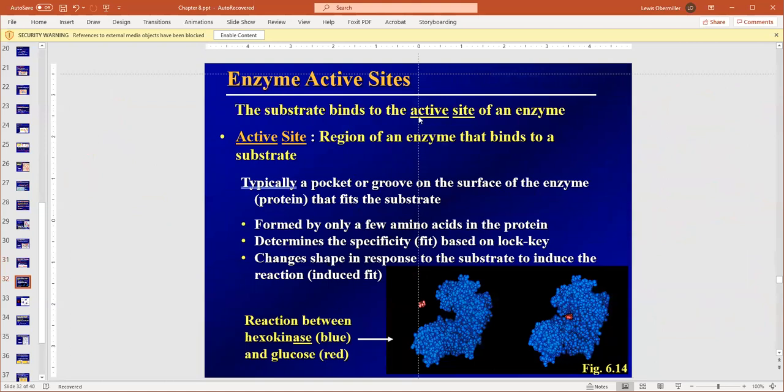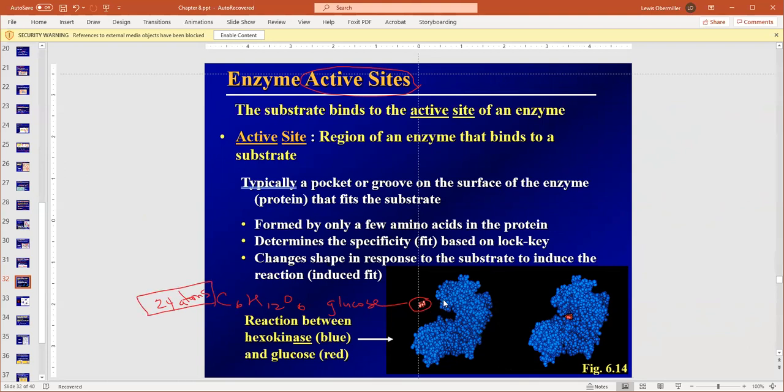So the area where the reaction occurs: enzymes are big. This molecule here is glucose. Glucose is C6H12O6. It's not a small molecule by any means. It's made up of 24 atoms, so in the molecular world, that's relatively big.